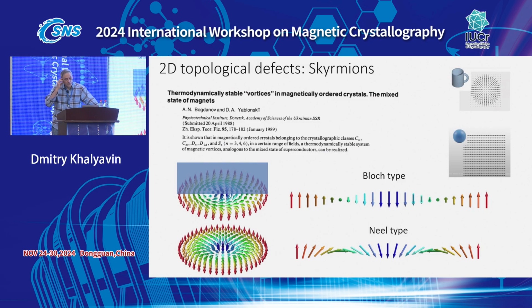So now if we go to a bit more complicated case of a two-dimensional ferromagnet, we still can define our topological defect. It's called a skyrmion. So it looks like this vortex-type object.